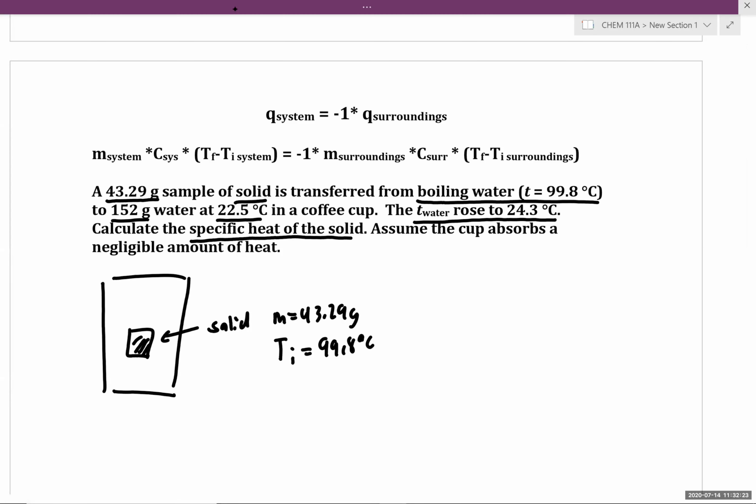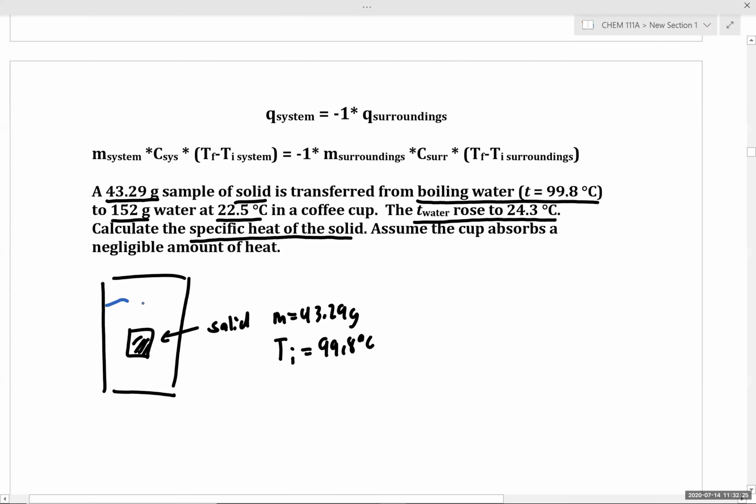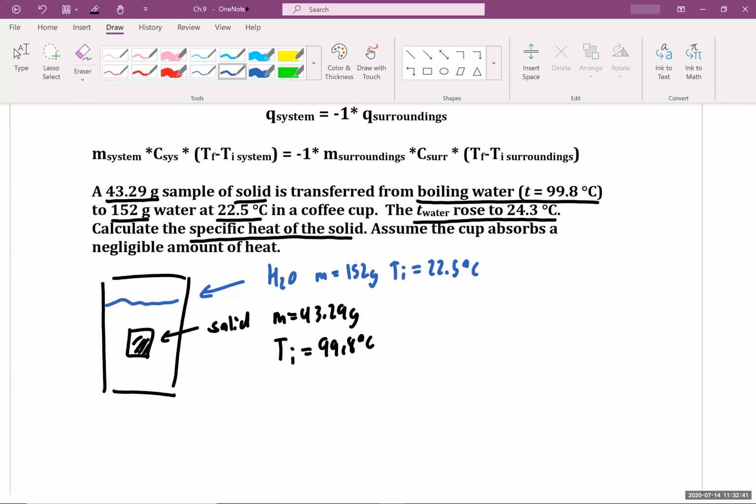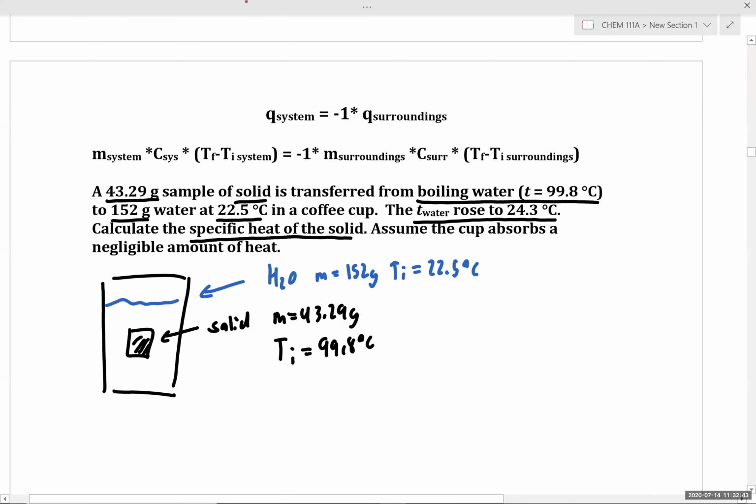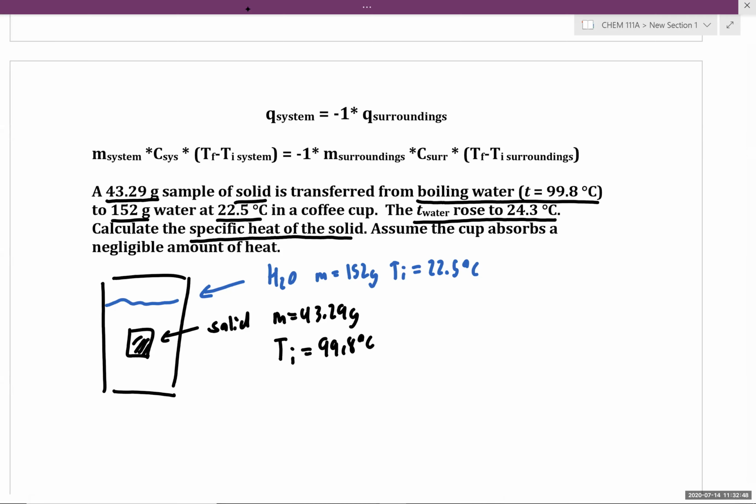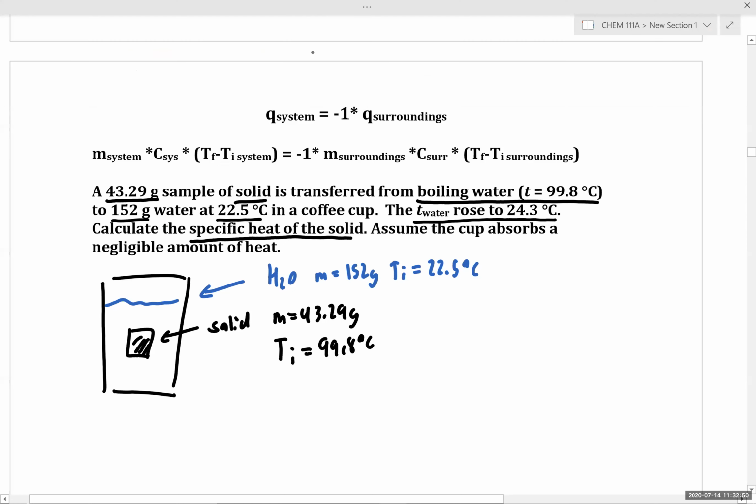And surrounding our sample is water, which has a mass of 152 grams and an initial temperature of 22.5 degrees Celsius. Okay, so as the metal block is at a higher temperature, I'm just going to arbitrarily designate the solid as our system.